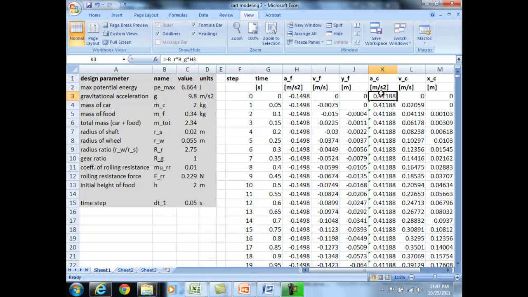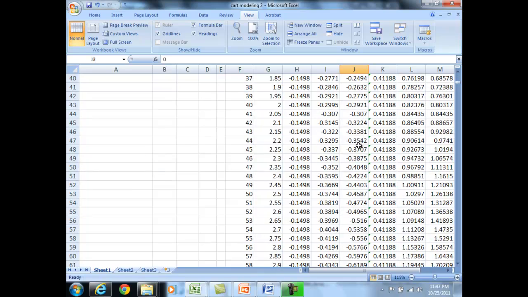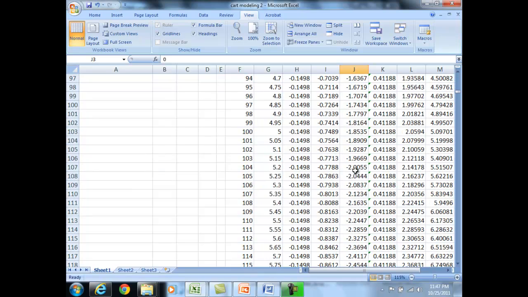The food item is going to hit the bottom when this position value gets to minus h, or h in this example is 2 meters. So if we scroll down here until we get to minus 2 meters, right here, in between here, is where we're going to end the propulsion phase and enter the coasting phase.